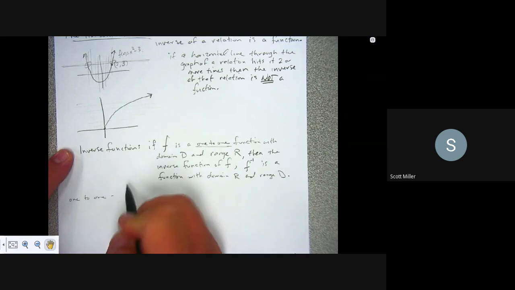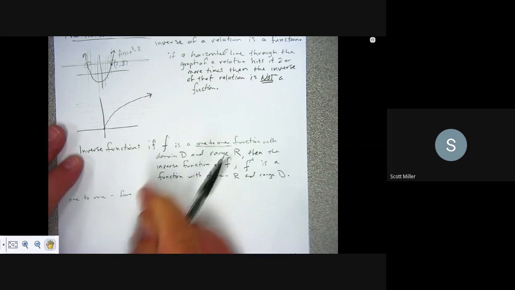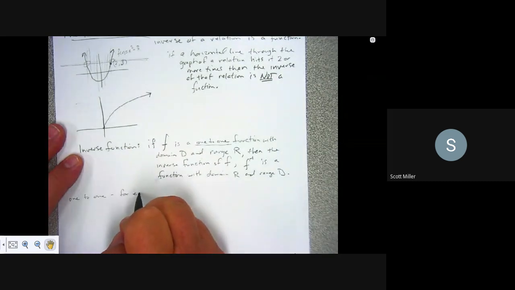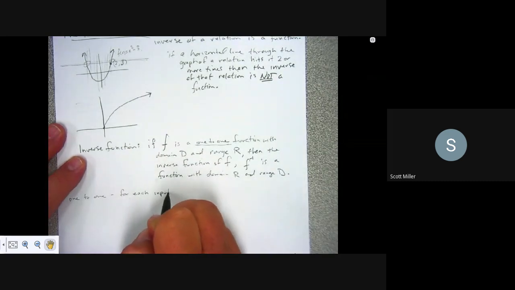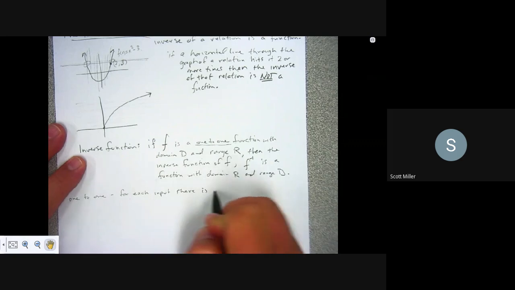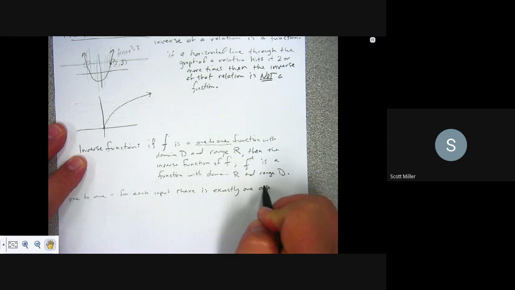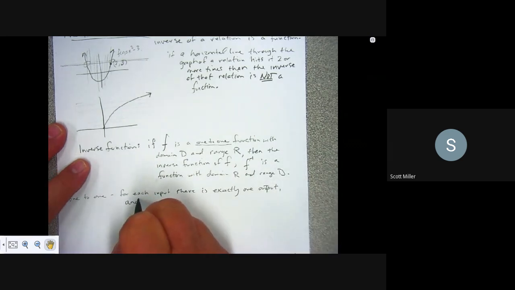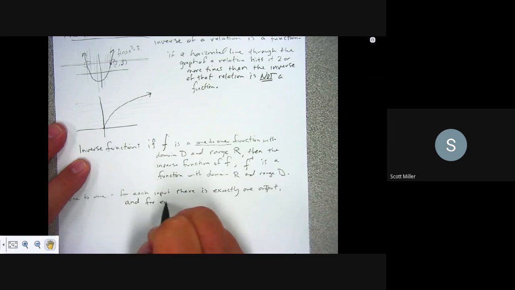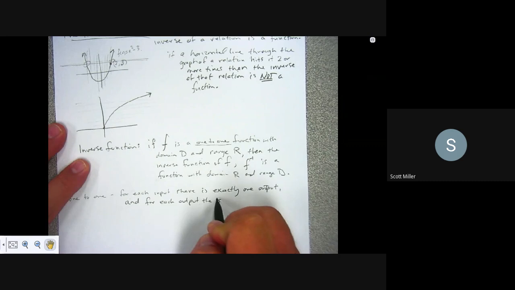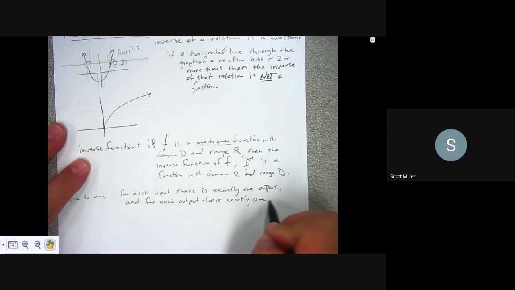For each input, there is exactly one output. That's the function part, right? And for each output, there is exactly one input.